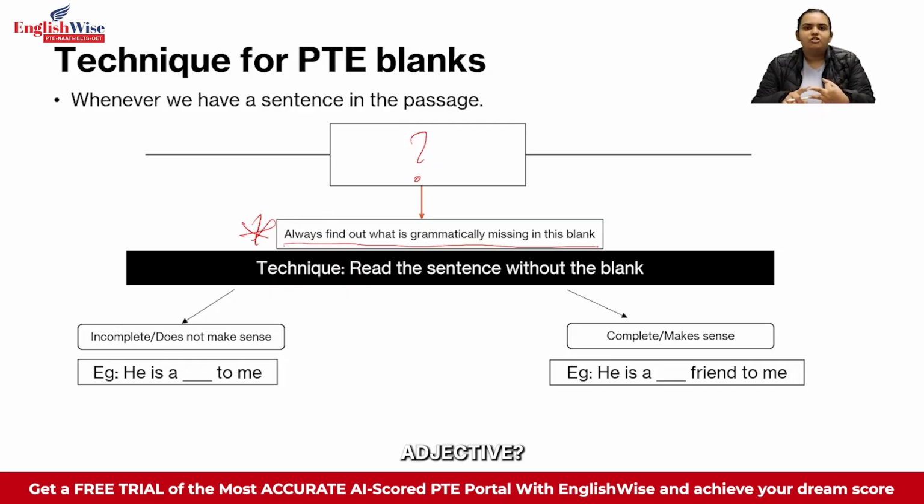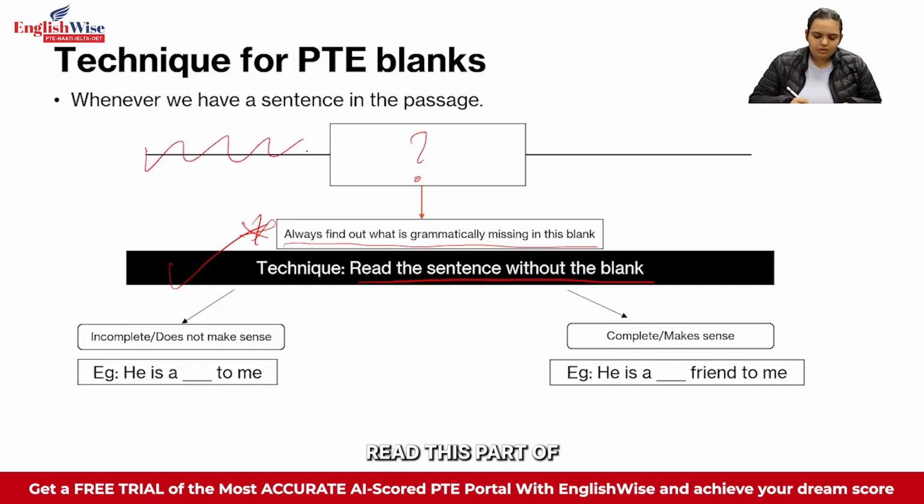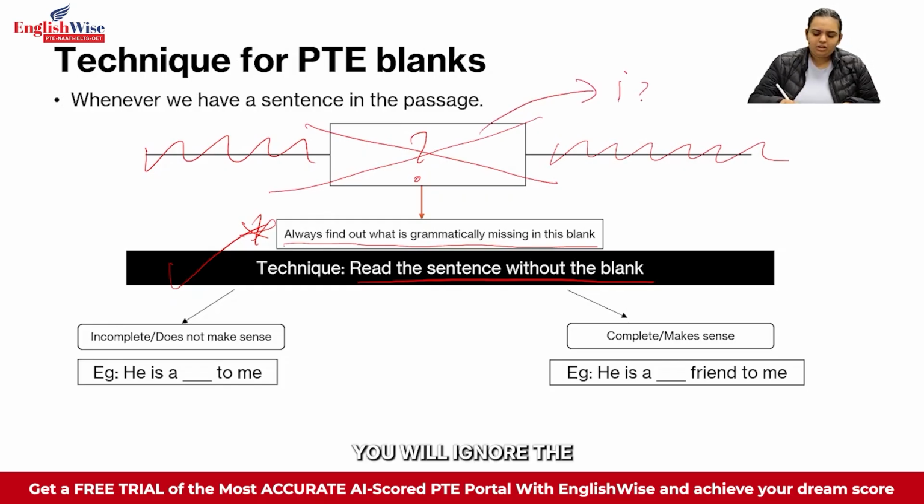Is the blank missing an adjective? Or what is the blank exactly missing? The technique to find this out is that you have to read the sentence without the blank. So you will read this part of the sentence and you will read this part of the sentence. You will ignore the blank and read the other part of the sentence.